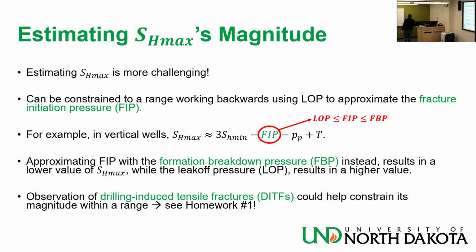And they have used drilling-induced tensile fracture observations from image logs, which you learn about in well logging, to constrain the magnitude of SH max. We are going to try to do that graphically in homework 1, which is going to come maybe next week or the week after. So I will try to delay it a little bit because it's a little bit challenging, the first one. The second homework is easier.